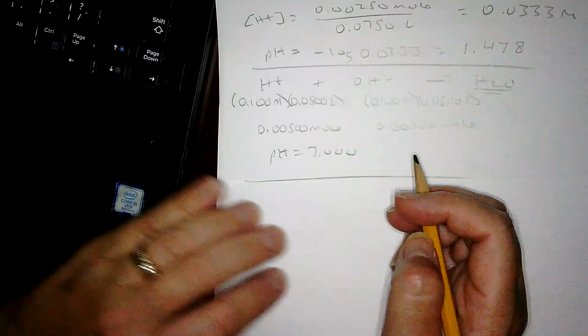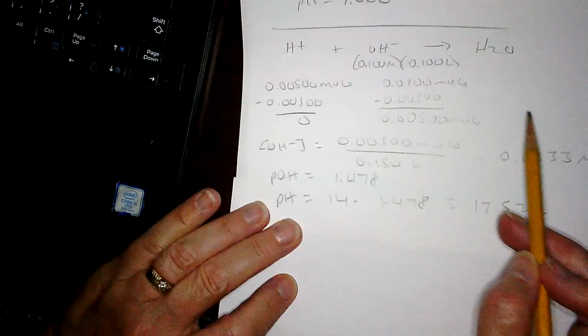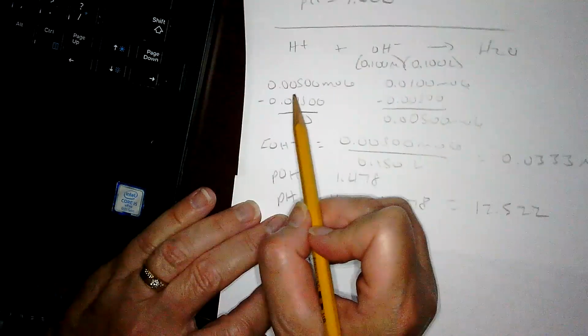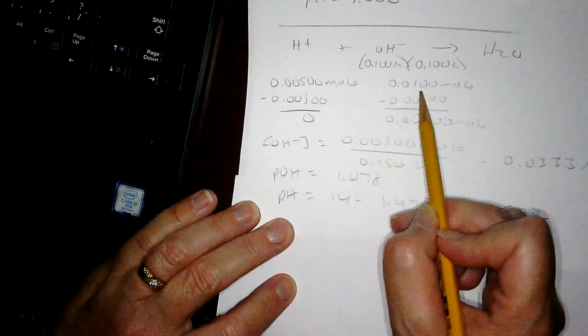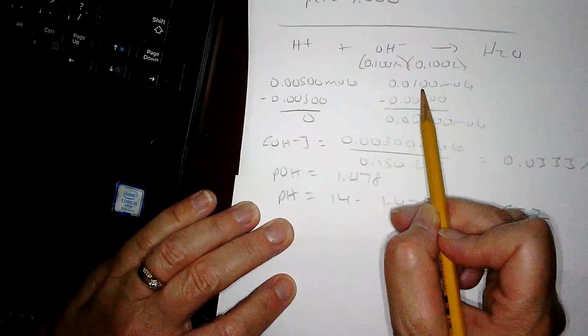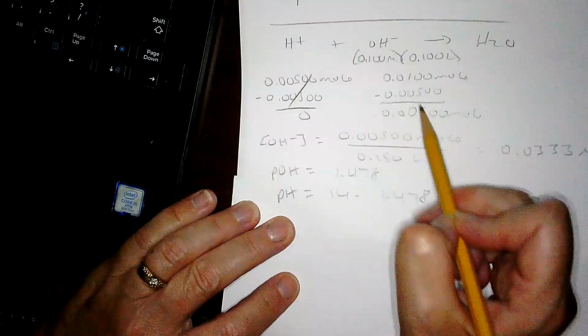All right, so let's look at the last one. Same reaction. Well, actually, we already know this. We calculated this a couple times. The molarity times the volume for the base. Now the base is in excess. All of the acid is consumed. We have the moles of base that are in excess.